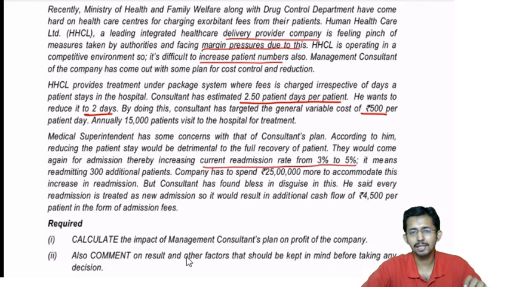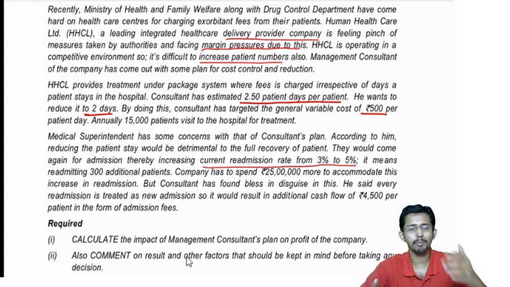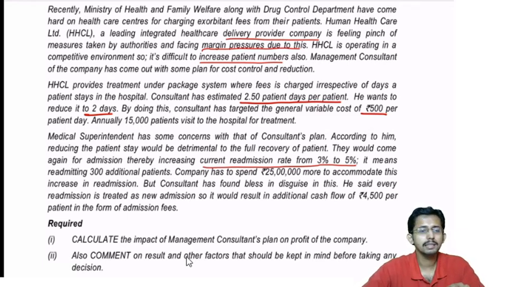Once the patients are discharged, only 3% need to be readmitted due to complications. But if the hospital implements the new system of reducing the average patient stay from 2.5 to 2 days, then the current readmission rate of 3% will increase to 5%, which means more patients will have to be readmitted. It means readmitting 300 additional patients.